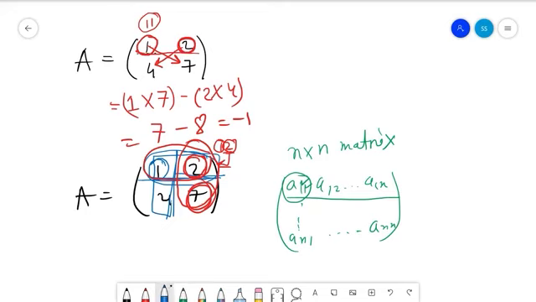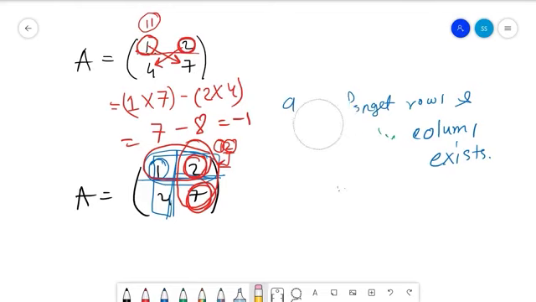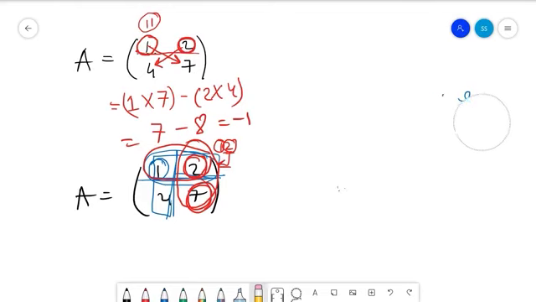That is, when you take 1 1, you forget row 1 and column 1. So this is the first step, and then you do the rest. Returning to our 2x2 example, because we will deal with some more examples, and then you can go on and compute n cross n. In general, this is a very long computation if you want to do it by hand.